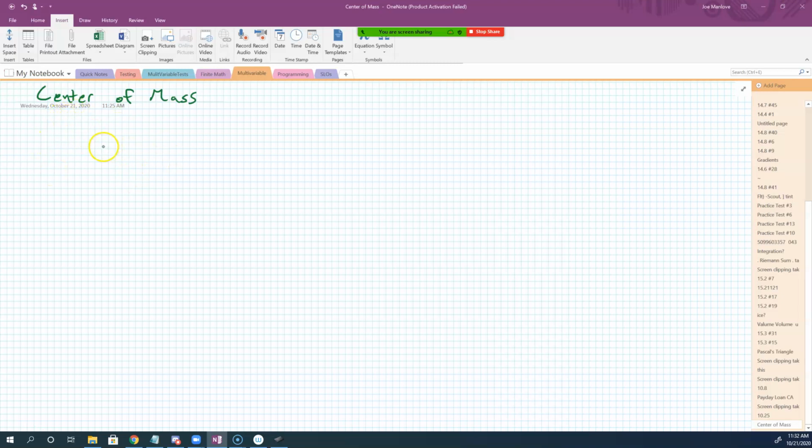So the idea in this kind of setup is we have some kind of a shape. So here is a shape. If this is a two-dimensional shape with some kind of density, the 2D part of that, there's a tendency to call this a lamina.